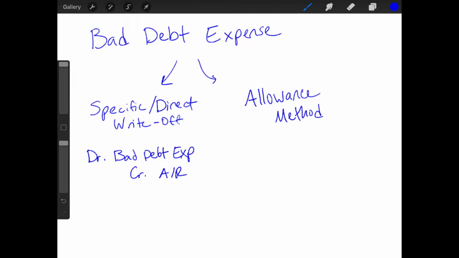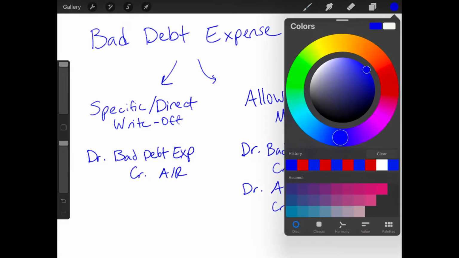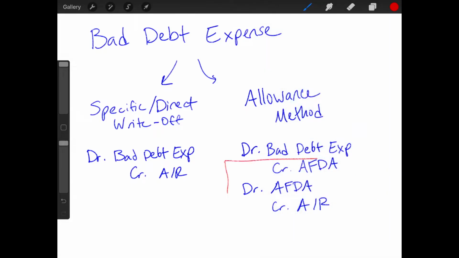Whereas with the allowance method, you are creating an allowance when you debit your bad debt expense, and each period you're making an estimate, saying, hey, in this period, I think I am going to have this amount of customers who aren't going to be paying me back, and so I will create this AFDA account, which is a contra asset account. And then in the future, when I actually identify which accounts I'm not going to be receiving payment from, only then am I going to decrease that contra account and credit my accounts receivable.